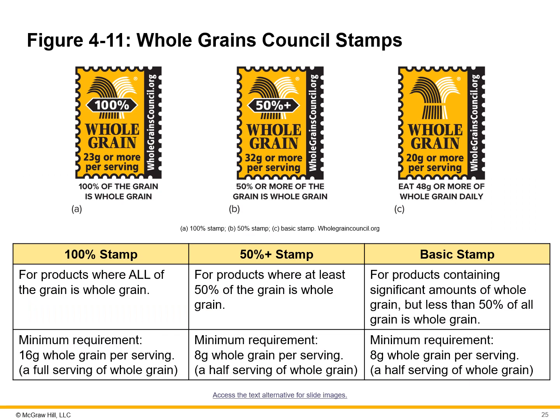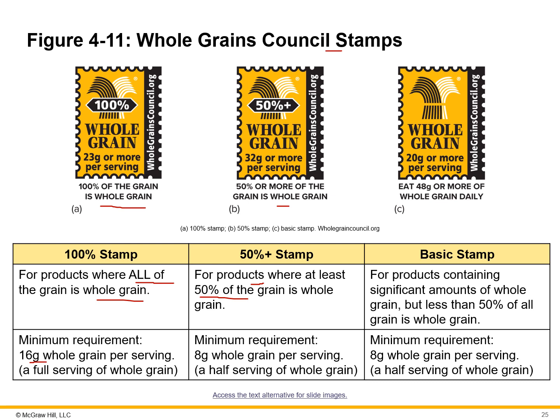All right, just some of the things that you may see on those labels. 100% whole grain: for these products, all of the grain contained in that food has to be whole grain. So again, about 16 grams of whole grain per serving. 50% whole grain: this means the products have at least 50% of grain from whole grain.